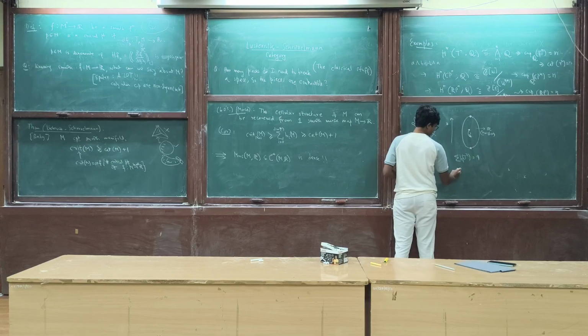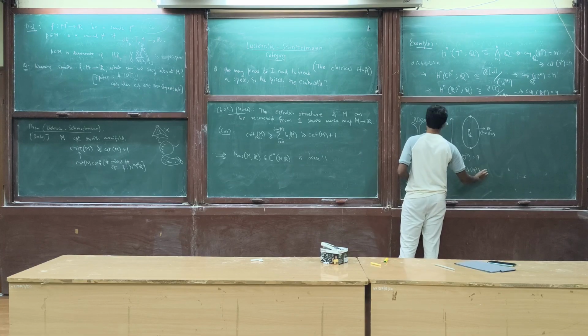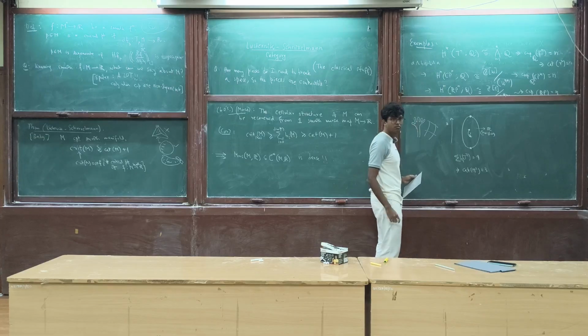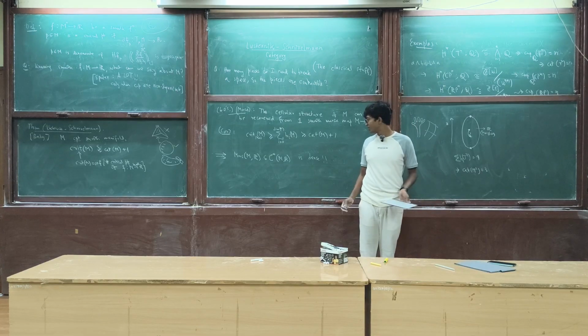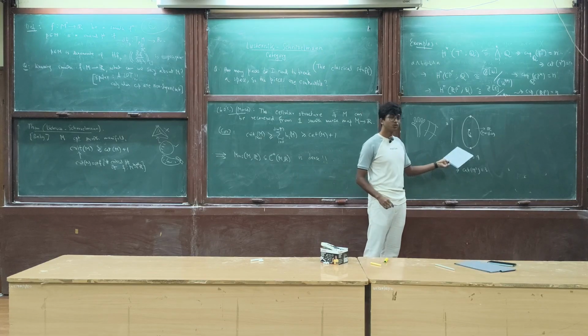So this gives us cat of T2 is less than or equal to 3, which is fine, but we have already proved that cat of T2 is 2. So this is not a good bound.